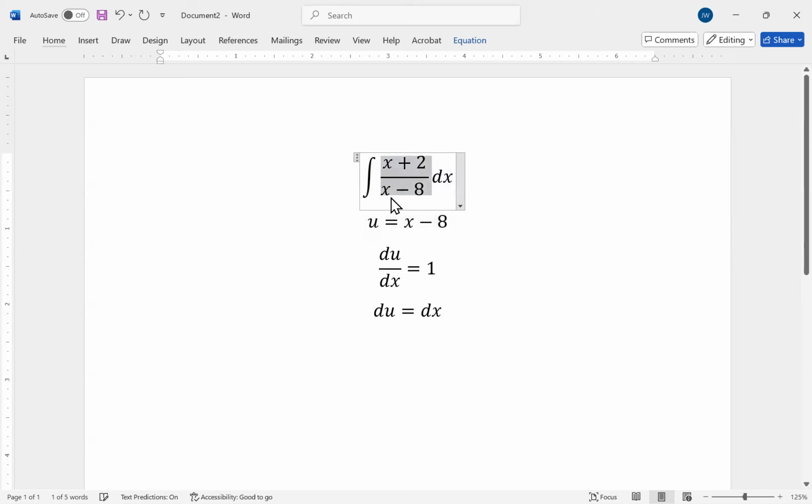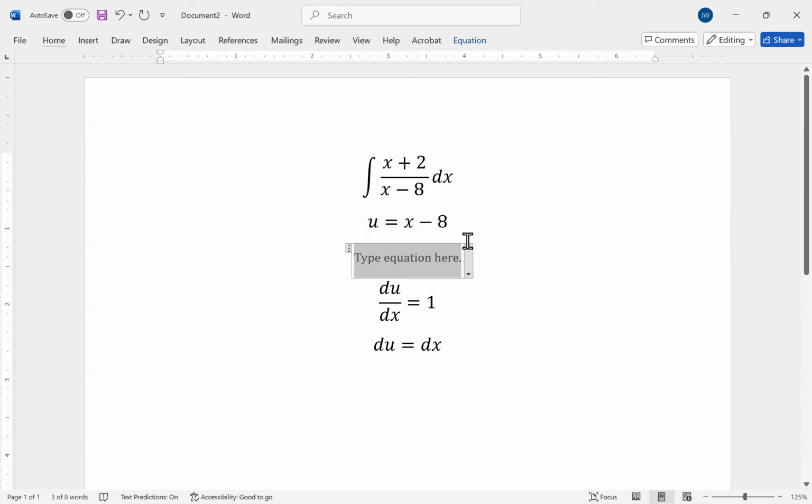Now, that allows me to replace the denominator and the dx, but now I have this numerator of x plus 2. So what I'm going to do is go back up and realize that if u is equal to x minus 8, then I can actually replace any x I see with a u plus 8.